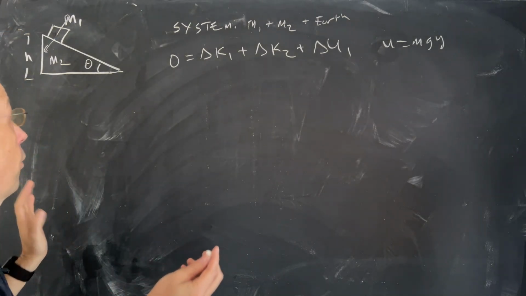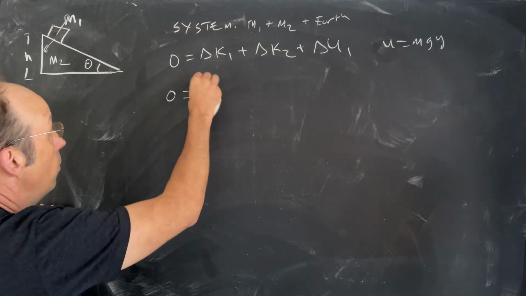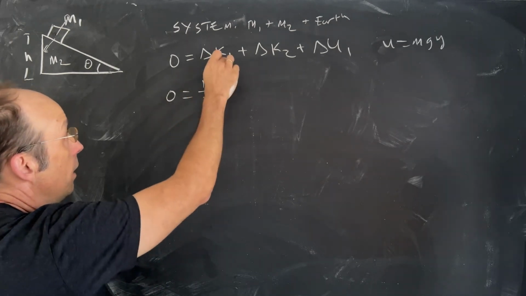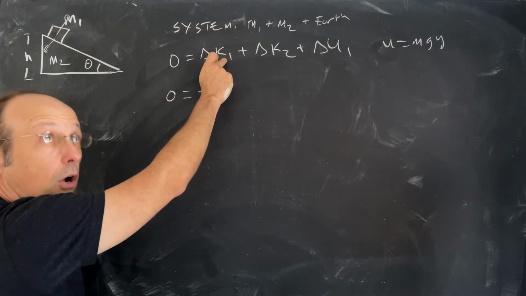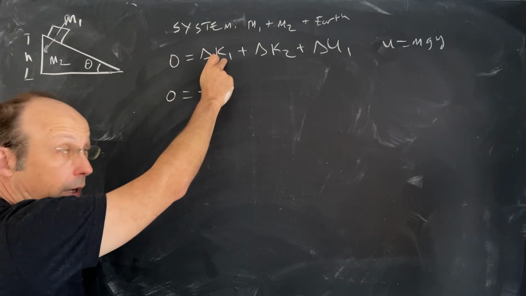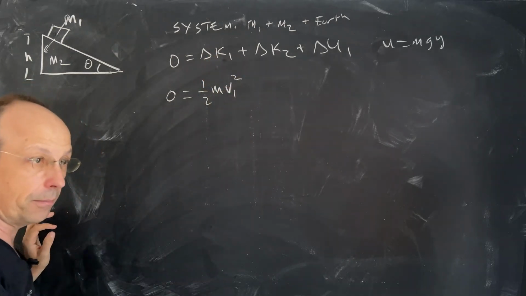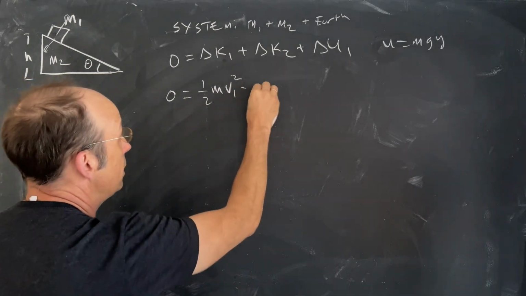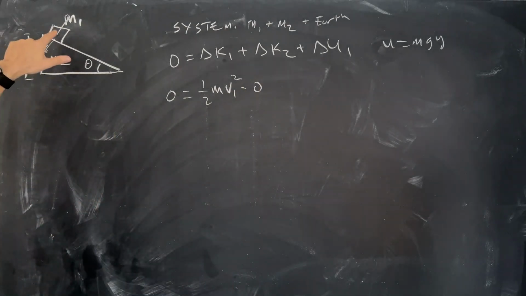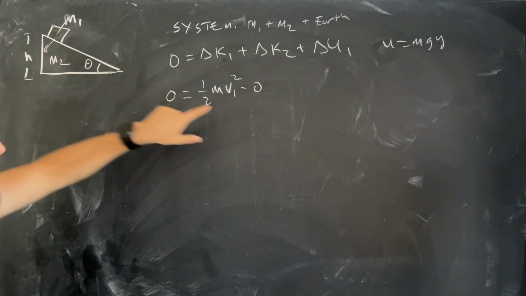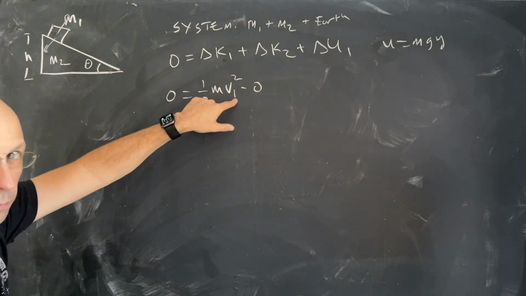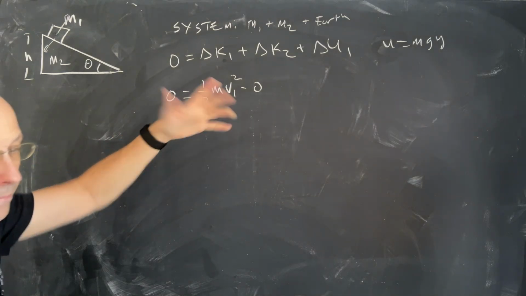Let's just write our equation. I have 0 equals 1/2 m1 v1 final squared, I'm just going to call that v1 squared, minus 0, because that's the initial kinetic energy. If I release it from rest, it's 0. So that's V1, block 1 final.